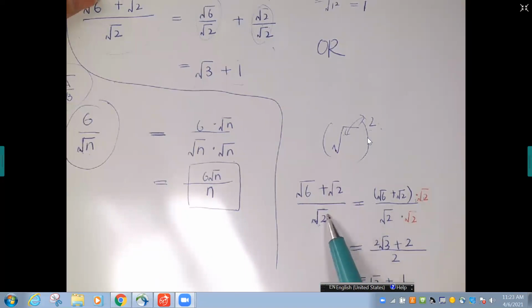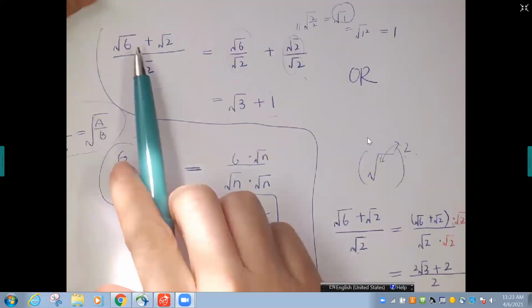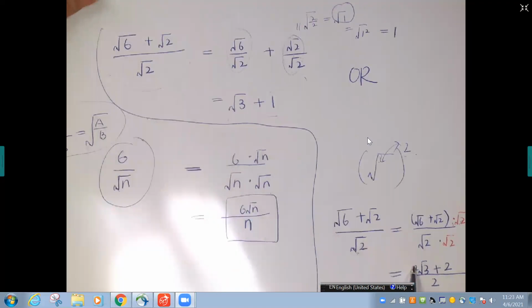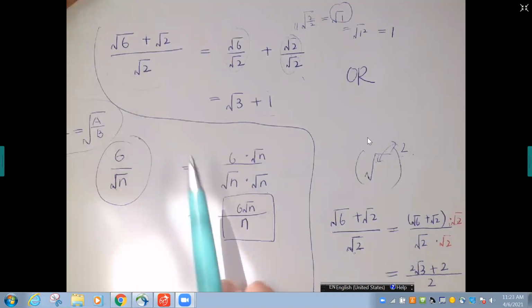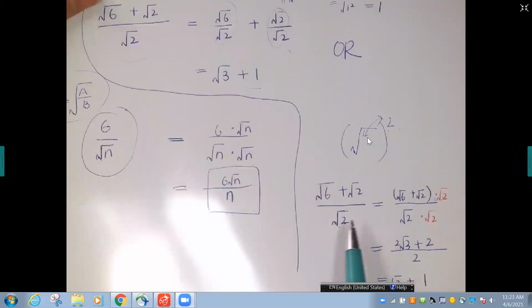What we want to do is get rid of the radical symbol from the denominator. How? If we have one radical expression, just multiply by itself. Those are the two ways: one is just direct division, and the other is getting rid of the radical symbol from the denominator.